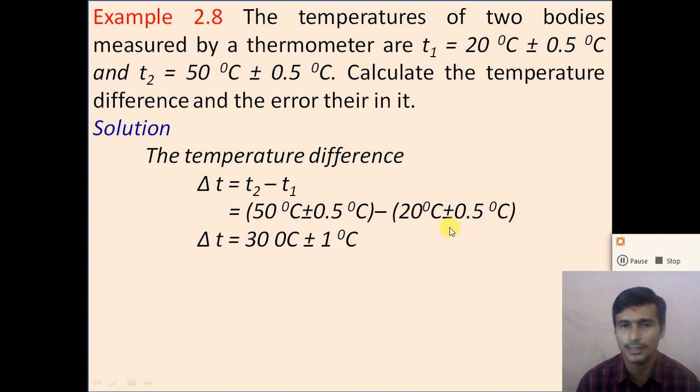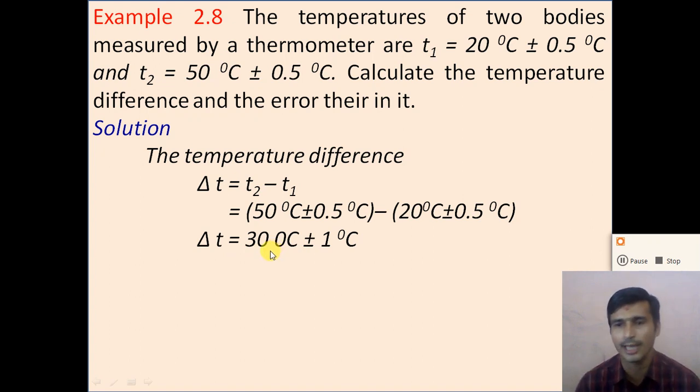So for the final temperature, how can we subtract this? We subtract the true values directly. So 50 degrees Celsius minus 20 degrees Celsius, we get the answer 30 degrees Celsius. So the temperature difference is 30 degrees Celsius.